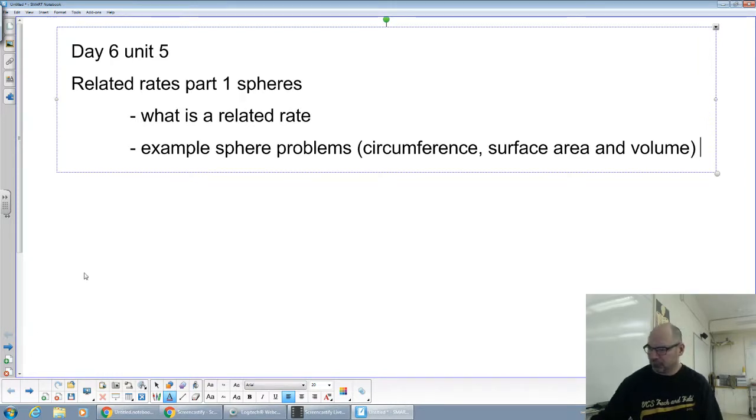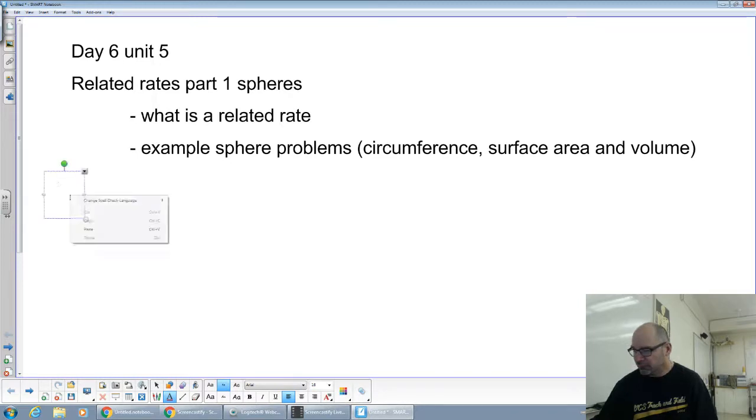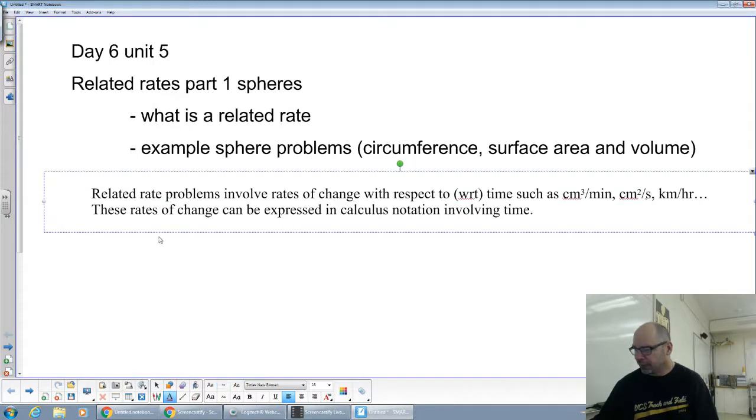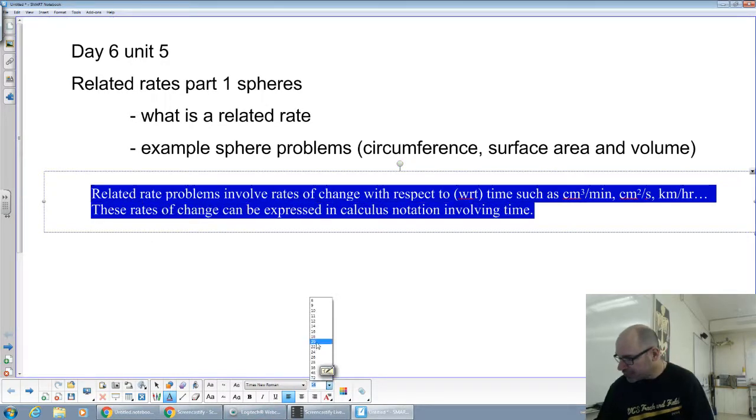So in terms of what is a related rate? Oops, that's a little small. Let me make it bigger. Here's a definition that I copied from when we did it last.